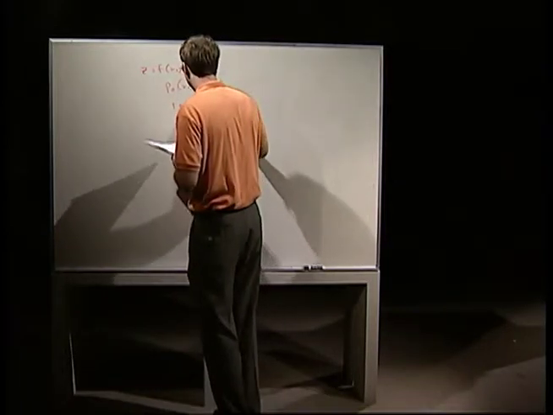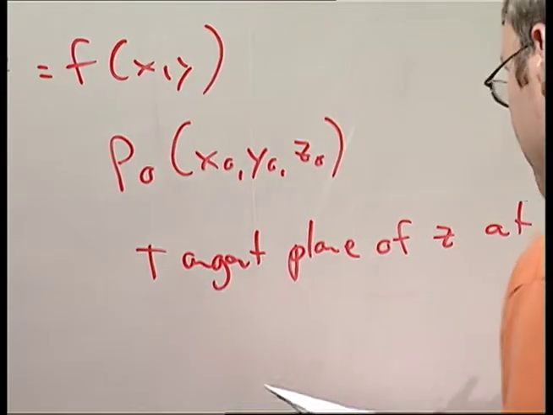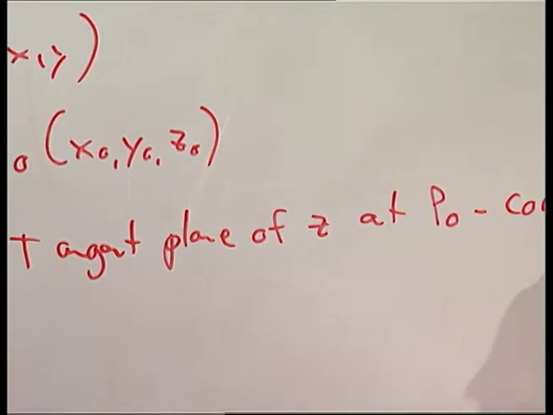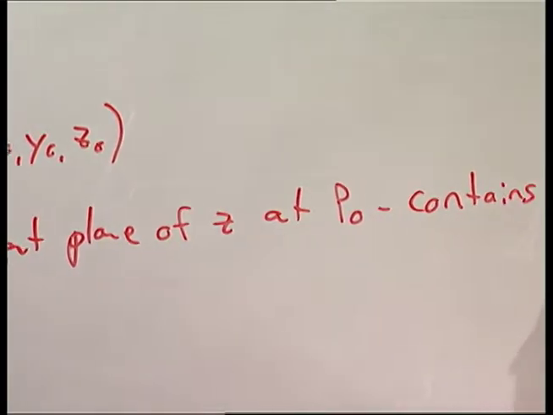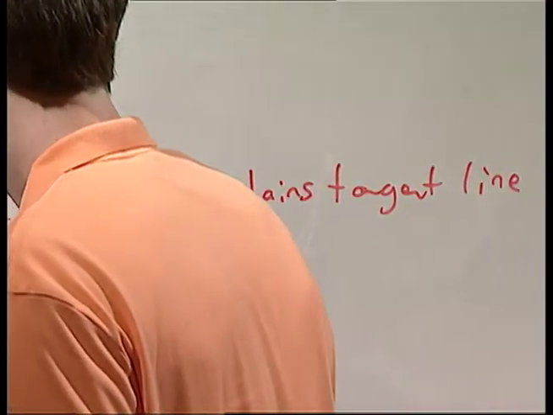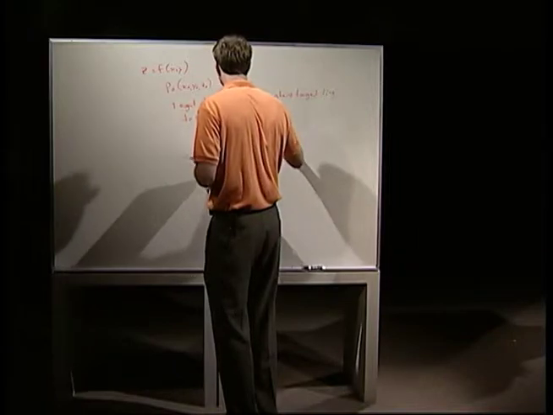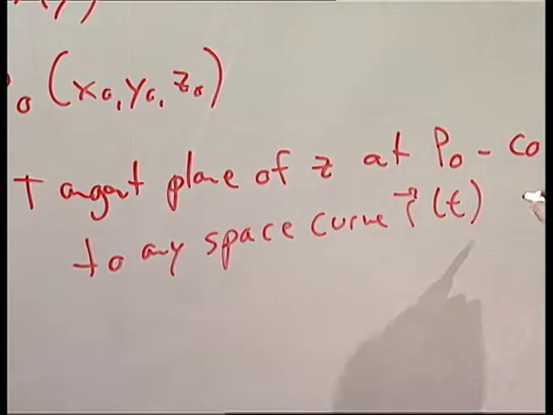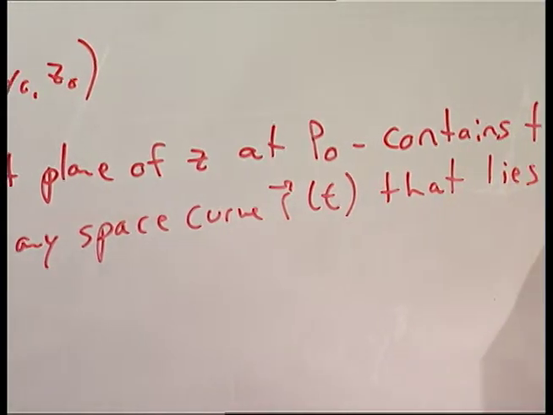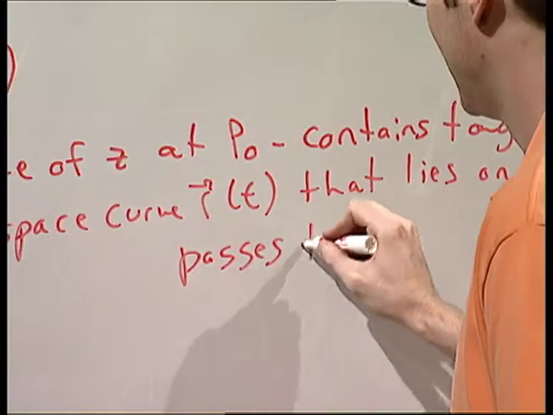The tangent plane of z at p naught, it contains all the tangent lines, essentially. It contains the tangent line to any space curve r of t that lies on z and passes through p naught.